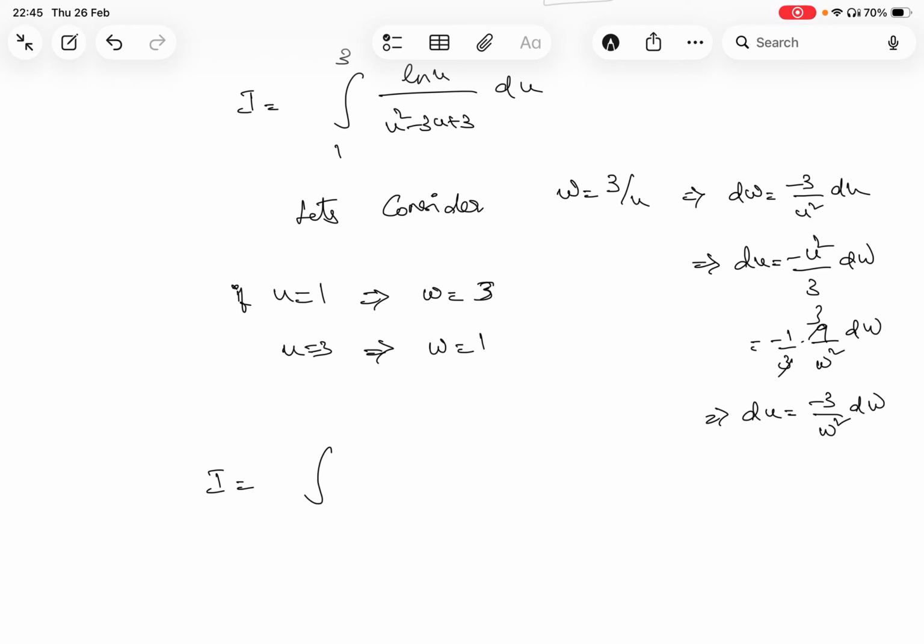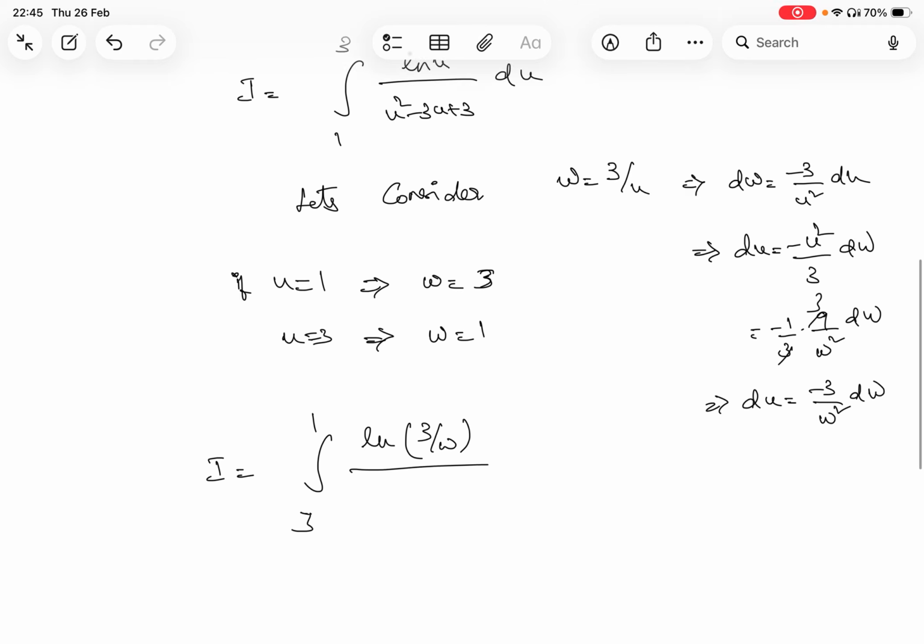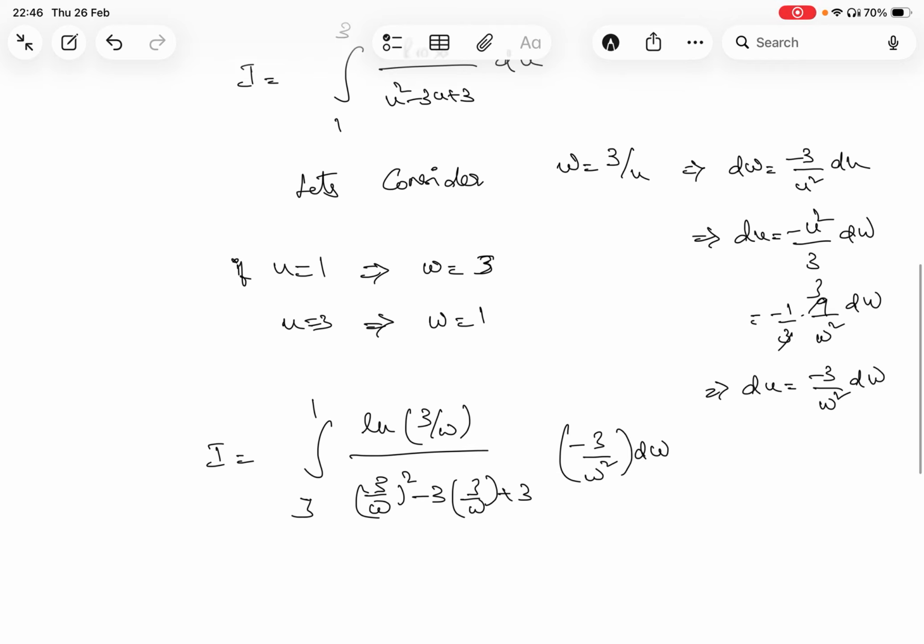I equals, the limits 1 to 3 become 3 to 1, integral of ln u, where u is 3 by w, divided by u² which is 9 by w², minus 3u which is 9 by w, plus 3, into du, which is minus 3 by w² dw.